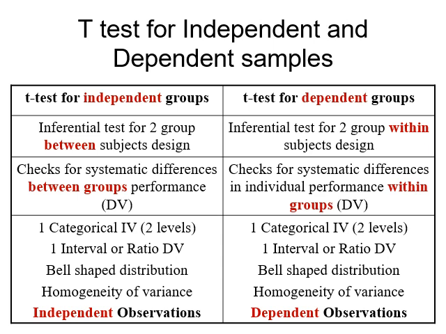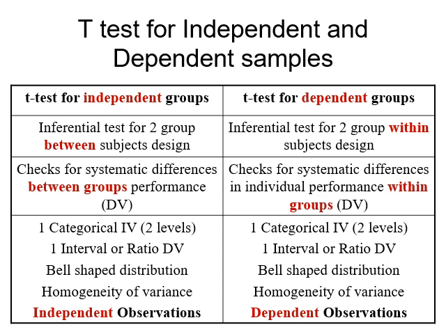It checks for systematic differences between our groups' performance on the DV, and the assumptions are that you have a categorical independent variable with two levels, an interval or ratio DV, a normal, bell-shaped distribution, and homogeneity of variance, so the variance between your two conditions, your two IV levels, is similar. That doesn't mean the means are the same, that means the distributions look similar. And finally, you have independent observations. In other words, you have not only two different groups of people, they were not able to influence each other's outcomes on the test or whatever your outcome was.